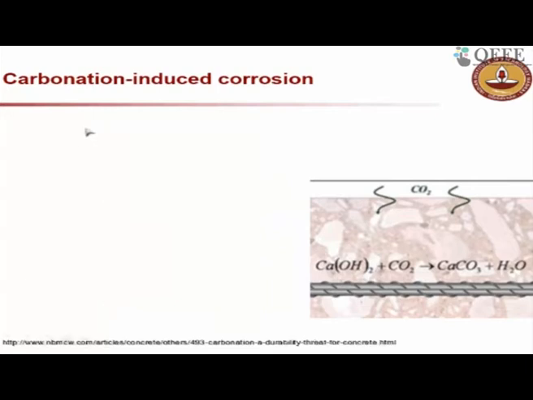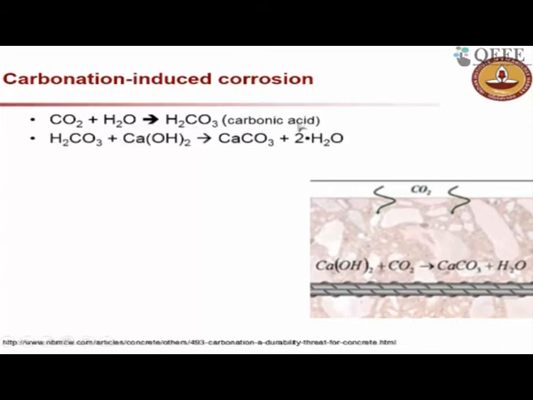So going into carbonation induced corrosion, what's really happening? Carbon dioxide in the presence of moisture will form carbonic acid, and this carbonic acid will combine with the calcium hydroxide present in the concrete to form calcium carbonate, which is the white patches you might have seen on many concrete surfaces.